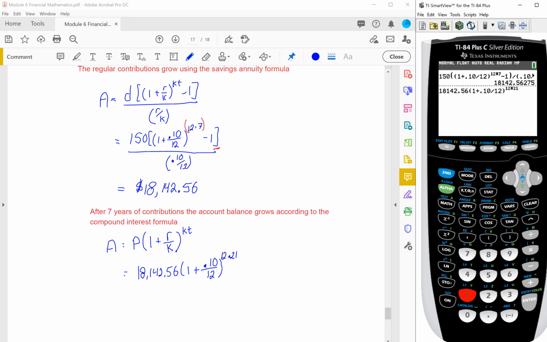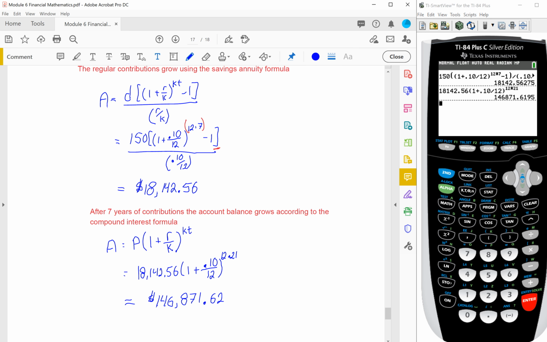So for that 21-year period, she started with $18,000, but making no contributions, her account balance will grow to approximately $146,871.62.